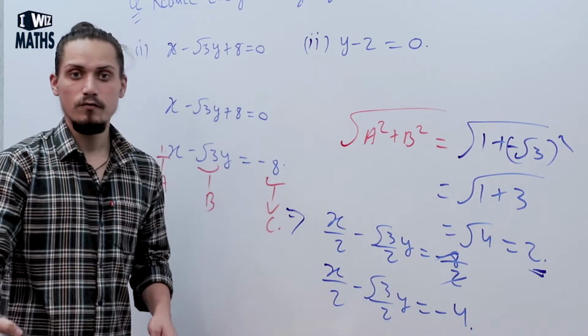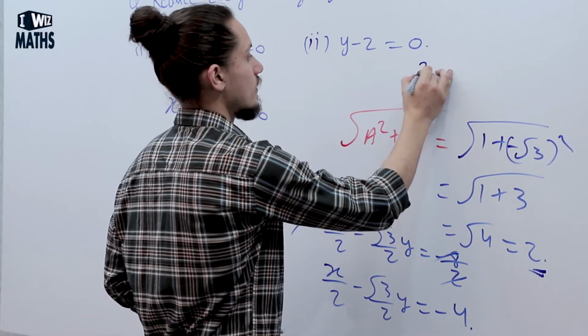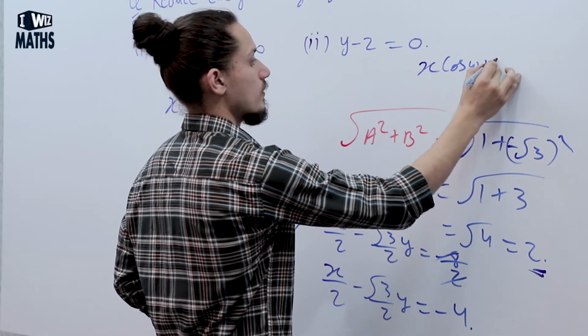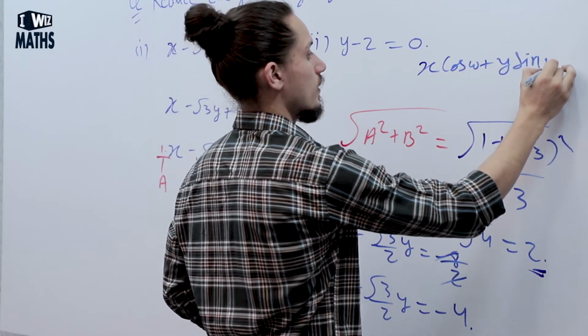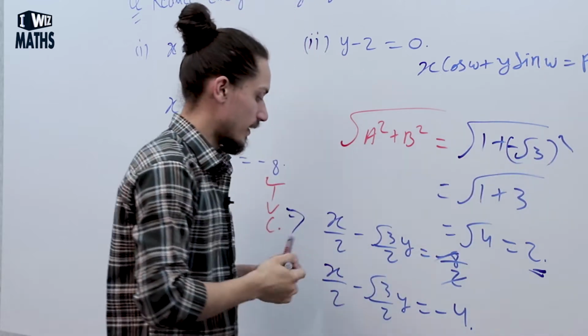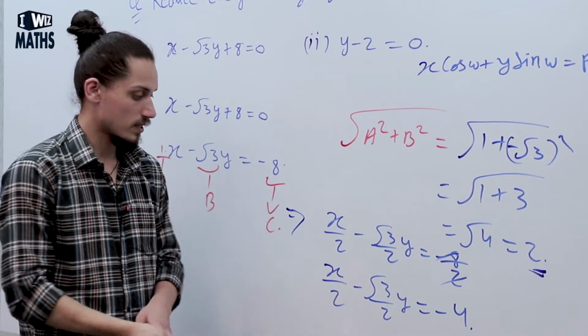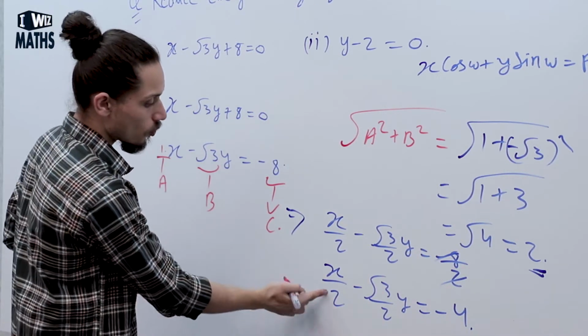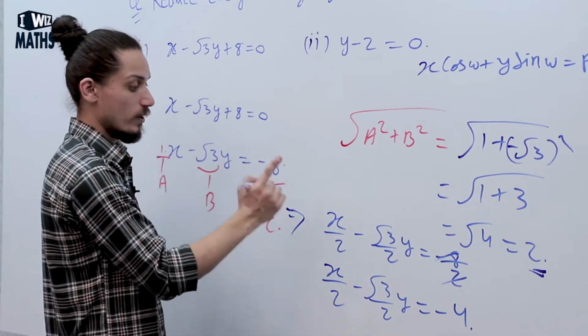Now comparing it with normal form जो कि है x cos omega plus y sin omega is equal to p. तो उससे पहले हमें यहाँ पे क्या चाहिए? sin और cos. अब cos की कौन सी value 1/2 के इक्वल होती है? 120 degrees पे.